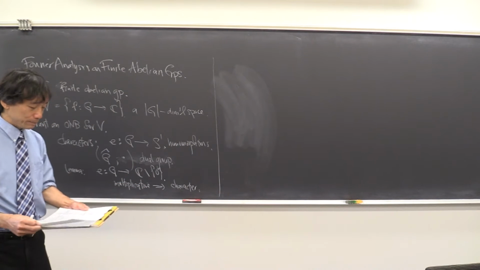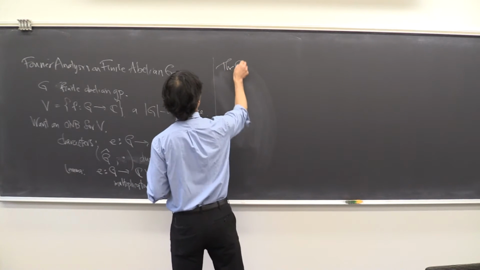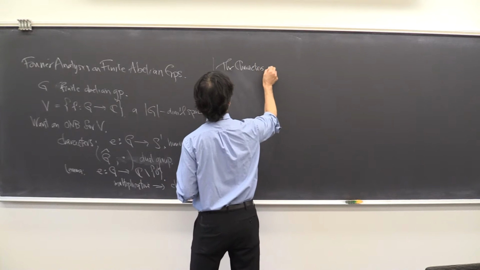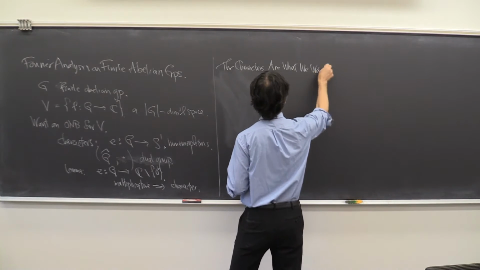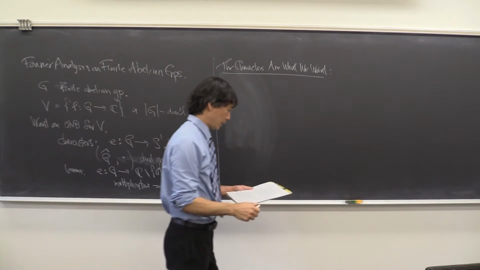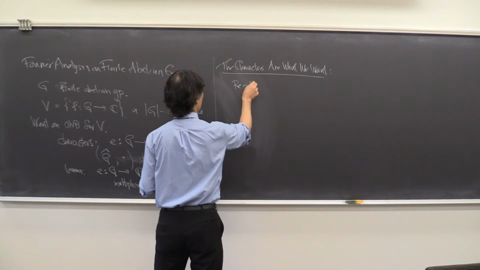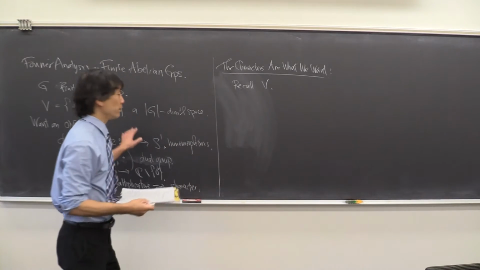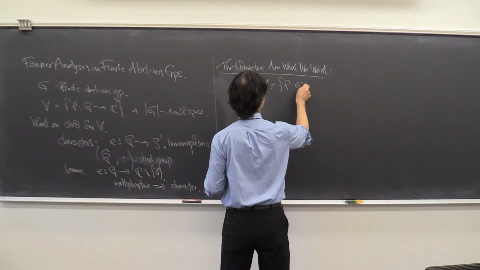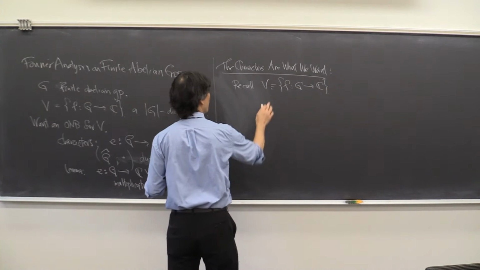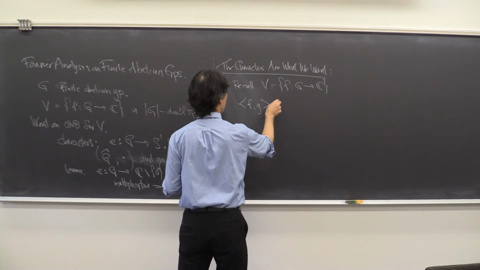Okay, so today we're going to show that the characters are what we want. Again, let's recall the space V, the space of complex valued functions on G. And we define an inner product, f comma g, in the usual way.